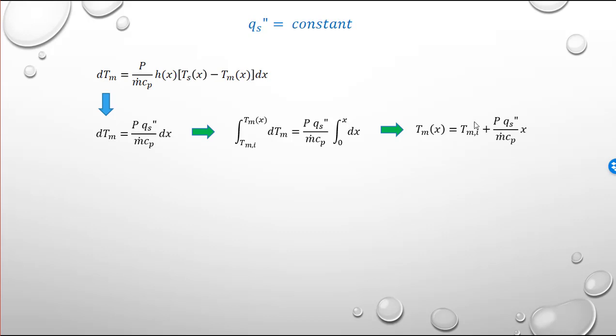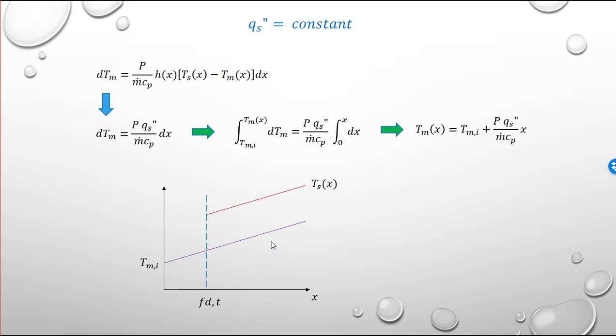And this will give us this expression, which shows that the variation in the mean temperature is a linear expression. And we can look at this on a plot. The expression here is valid from the inlet, where x equals 0, all the way to, assumedly, the outlet at x equals L.